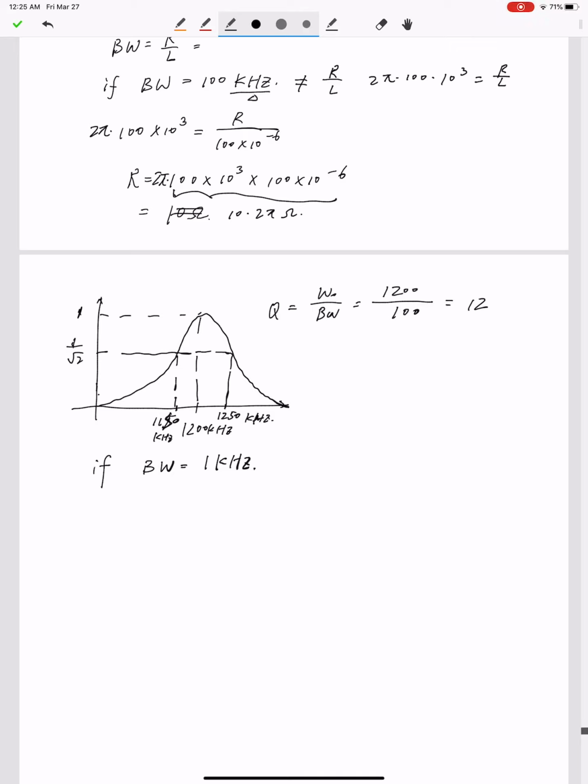If the bandwidth equals 1 kilohertz, then 1 times 10 to the power 3 times 2 pi equals R over L. And R equals 1 times 10 to the power 3 times 2 pi times 100 times 10 to the power minus 6, which equals 2 pi times 100 times 10 to the power minus 3, which equals 0.2 pi. Right. The unit is ohms.